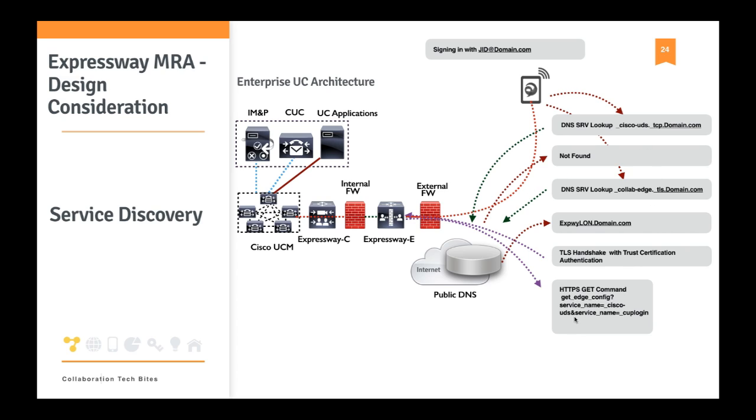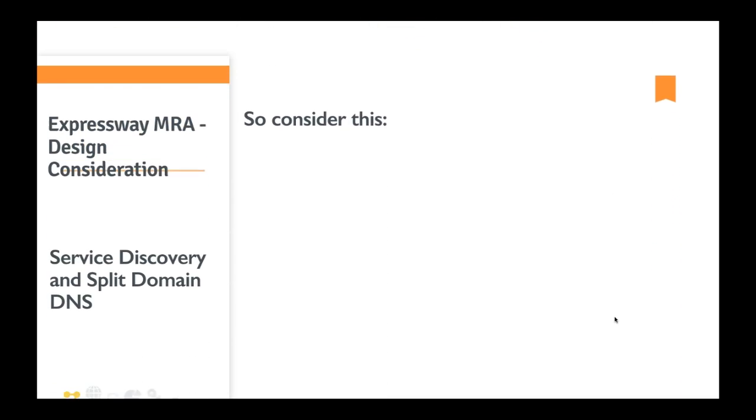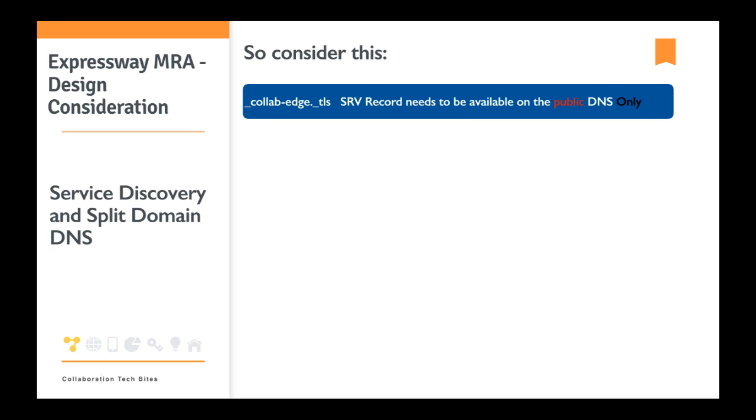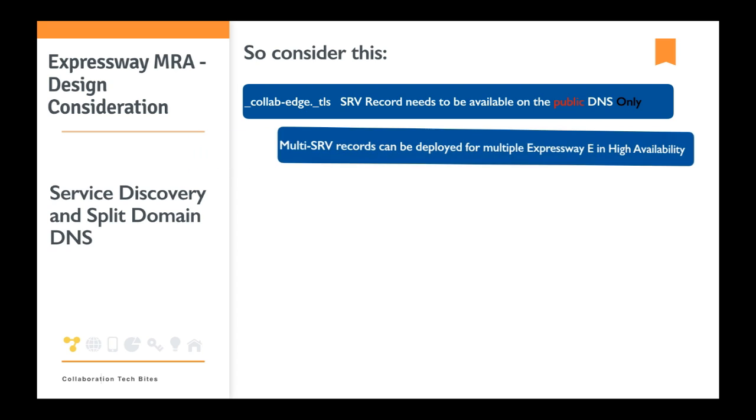Again, I need to know the Cisco UDS and the service name, so what is my IM and Presence server I need to look at. Okay, so you need to consider this. First, you need to populate the _collaboration-edge._tls SRV record on the public DNS only.